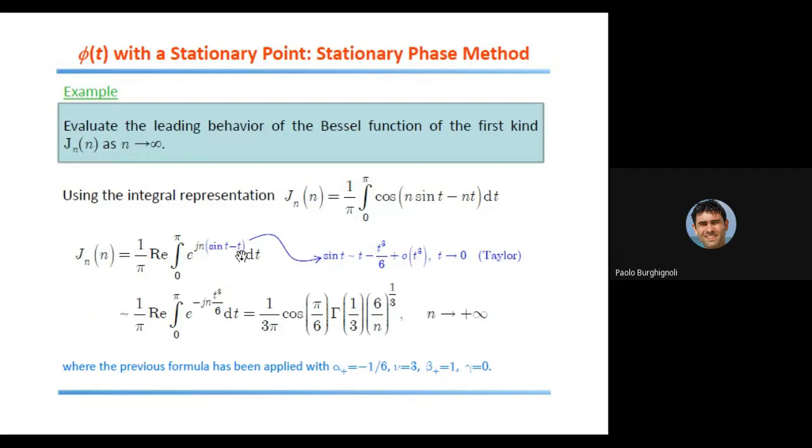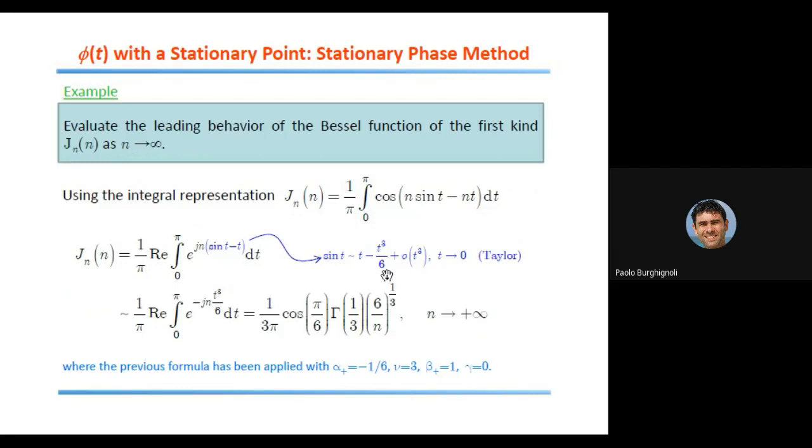And here, the function sine of t minus t is represented close to the origin through its Taylor series, by expanding the sine function as t minus t to the third power over 6 plus higher order terms.